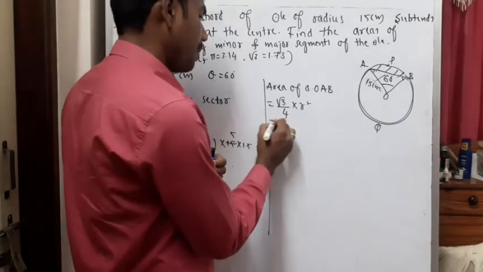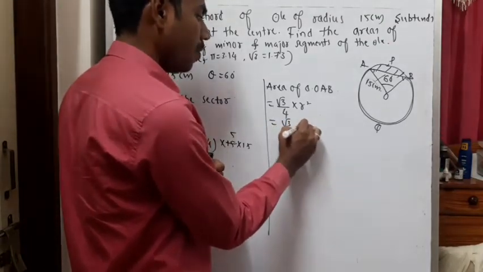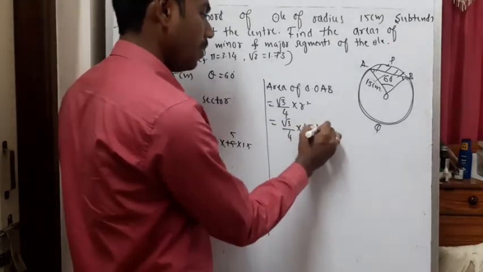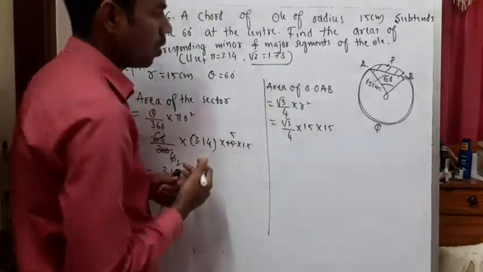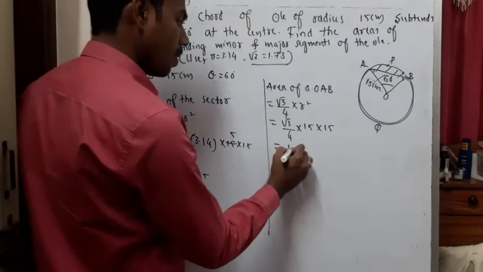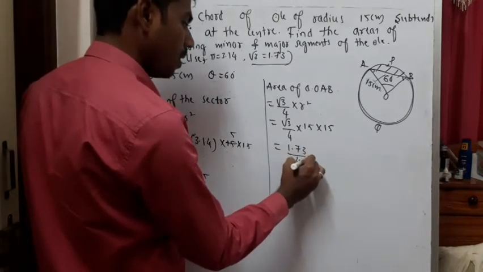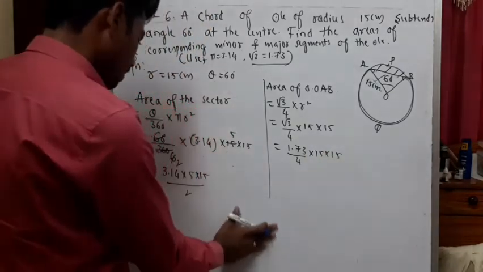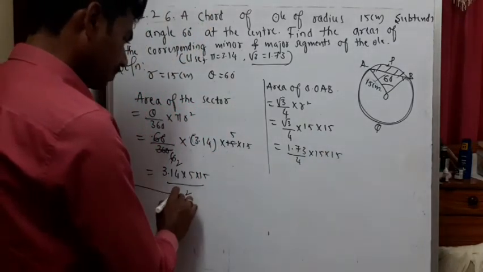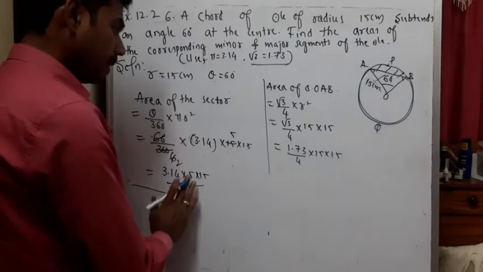Okay, root 3 divided by 4, what is r? 15 into 15. Just now they stated root 3 is equal to 1.73. So 1.73 divided by 4 into 15 into 15. Okay, now what we need to do? We'll do one thing.